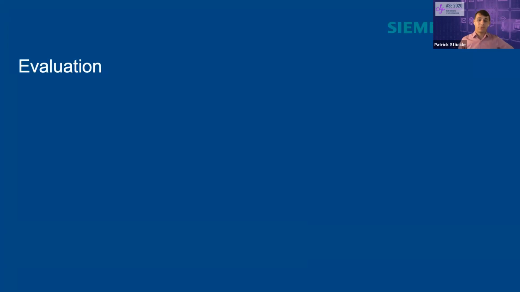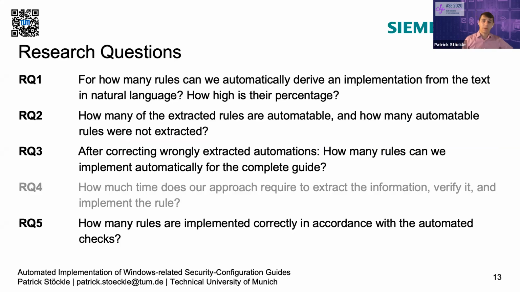So I've talked about our approach and the different steps we have within our approach. Let's talk about our evaluation. In the paper, we defined 5 research questions, and the first 3 are about for how many rules we can automatically derive an implementation from the text in natural language.